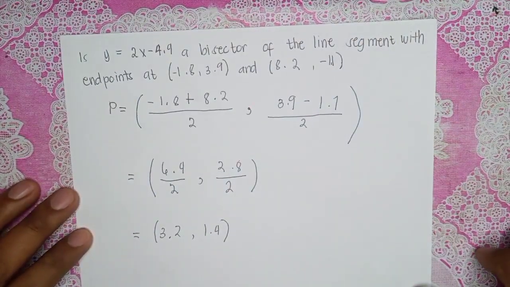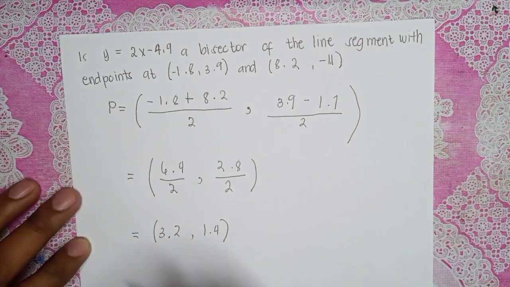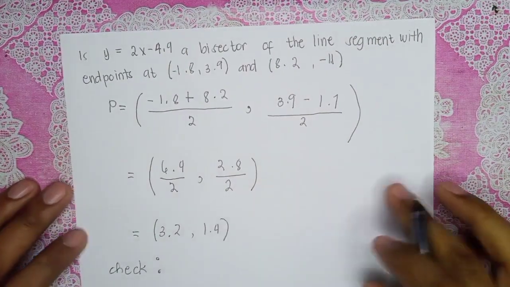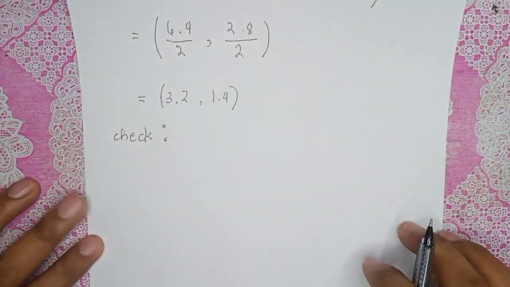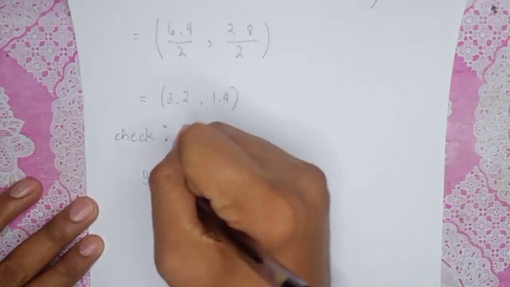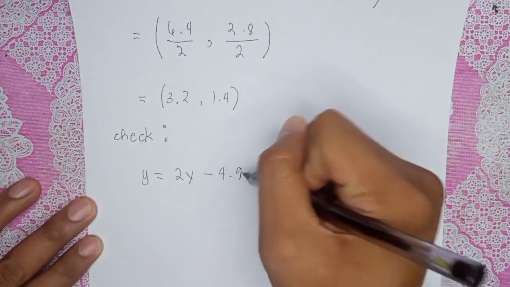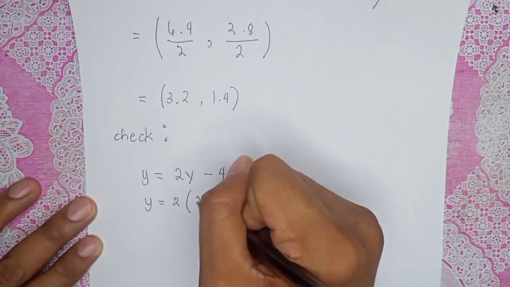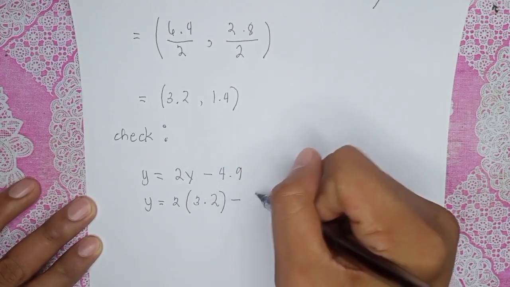Now, we will check to see if this point is on the line. So, check: y is equal to 2x minus 4.9, where y is equal to 2 times 3.2 minus 4.9.